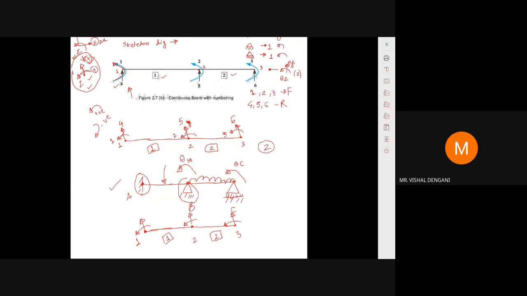But this is another example I am telling you where there is a fixed support. So at fixed support, no possible displacement along Y and Z. It is restrained. Both are restrained, because it is a fixed support.